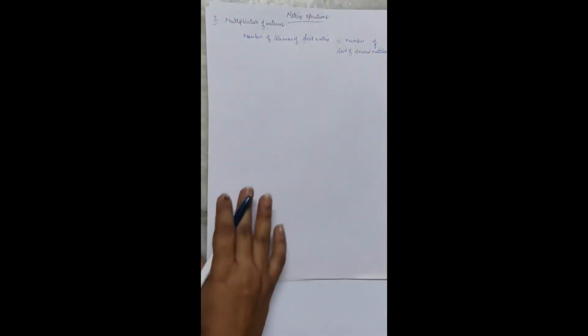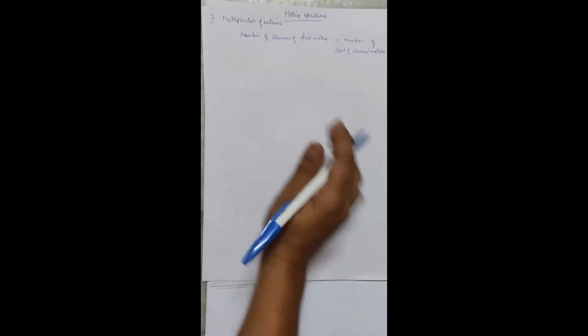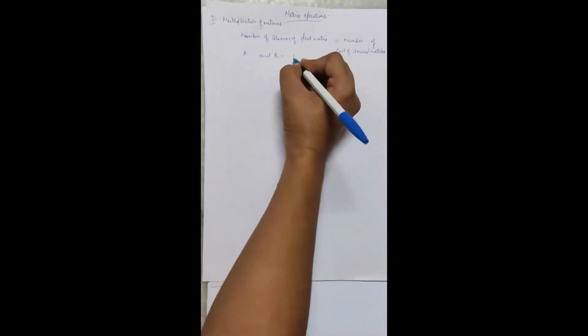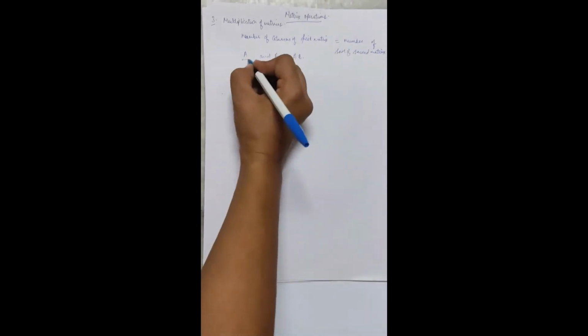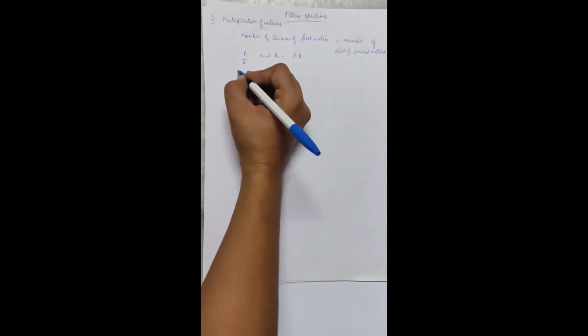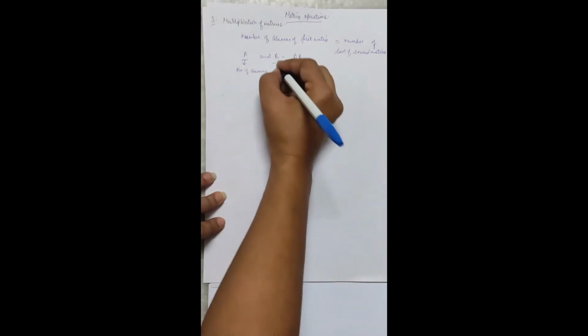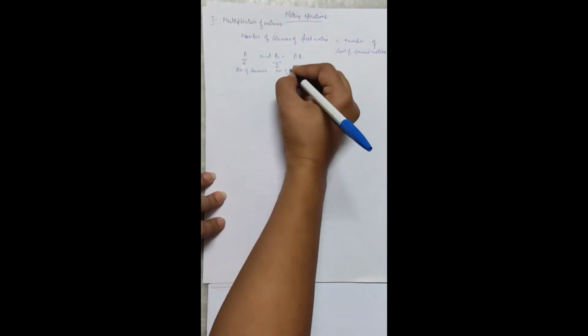If we suppose there are two matrices A and B, then in order to get AB, the number of columns of A matrix and the number of rows of B matrix must be equal. So this is the golden principle.